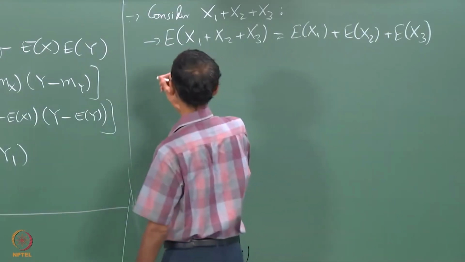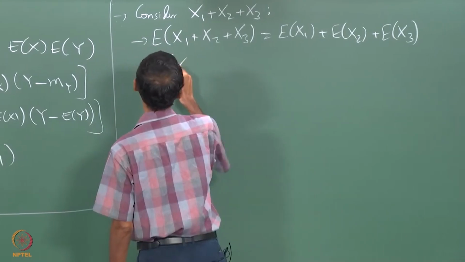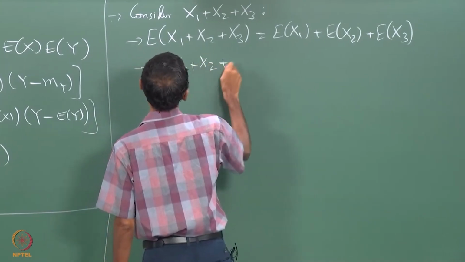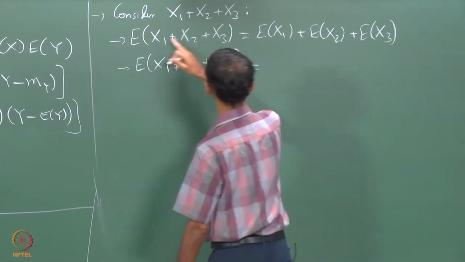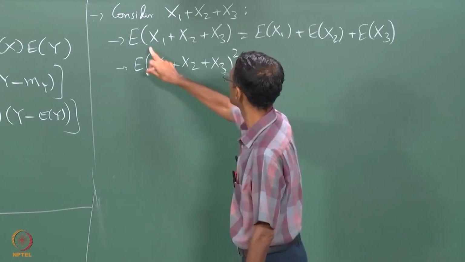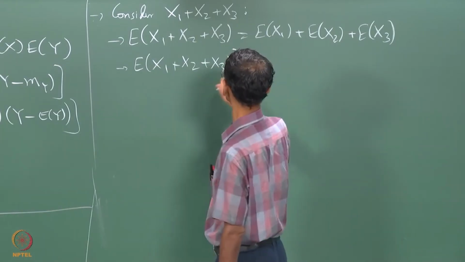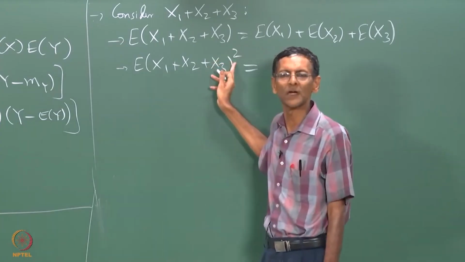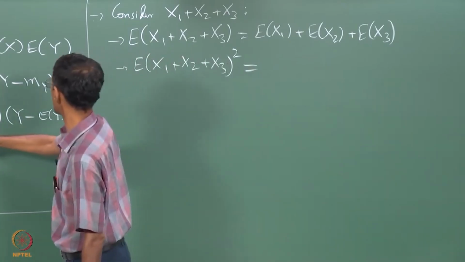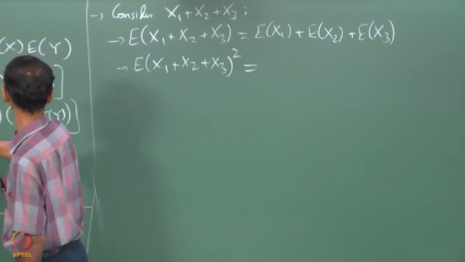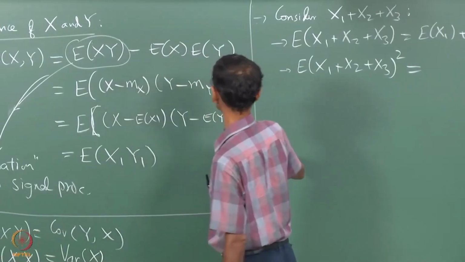What about if you want to find the variance of this? You first want to find this first. Now note that when there is already a square, you don't have to put extra brackets around it. You can just write it like this, like what we wrote for x plus y whole square yesterday. We can dispense with these outer brackets. Here also I could have dispensed with the outer square brackets, since this is basically this matching this.